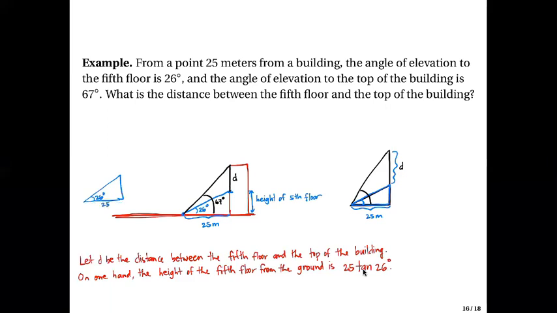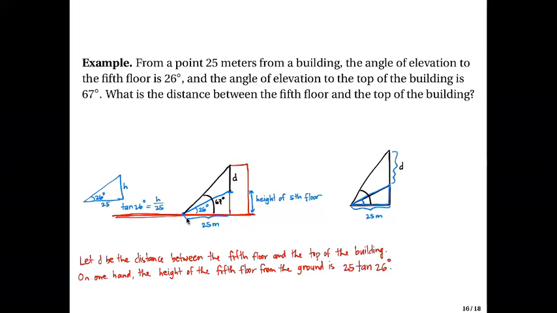Let's put the opposite as h sub 5, or just h. So tangent 26 degrees is equal to opposite, which is h, over the adjacent, which is 25.